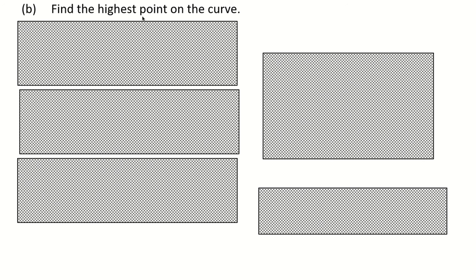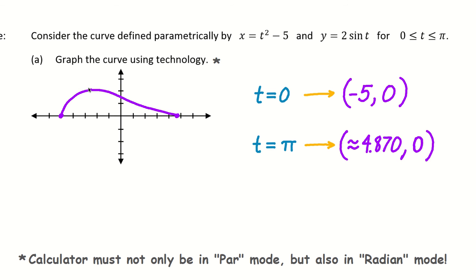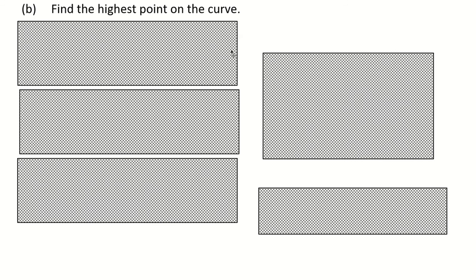Find the highest point on the curve. How are we going to do that? How are we going to find the highest or maximum point, extreme value maybe? Well, we're going to use the derivative, of course.